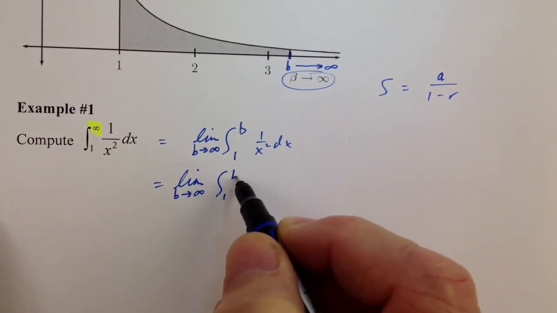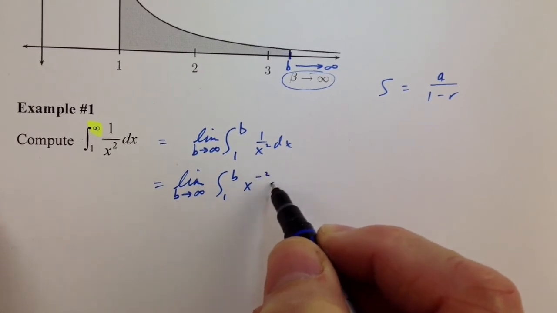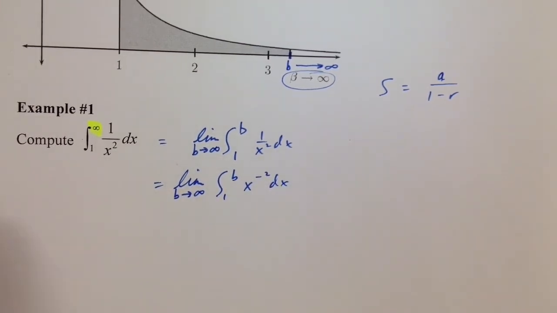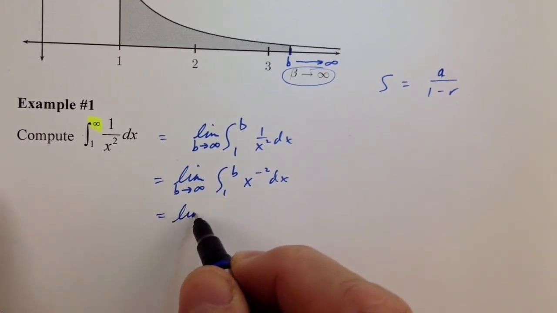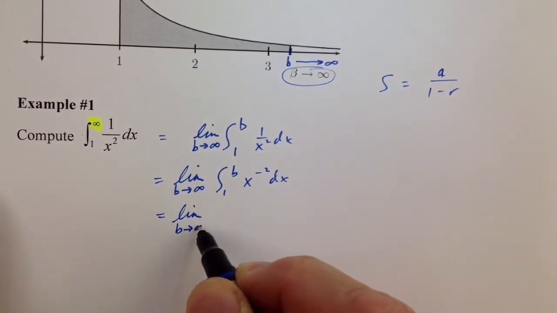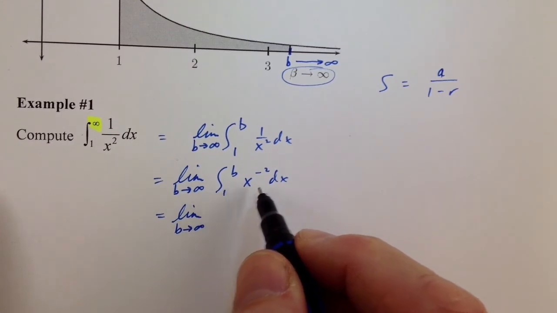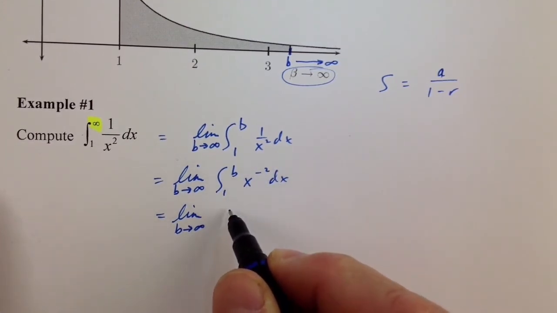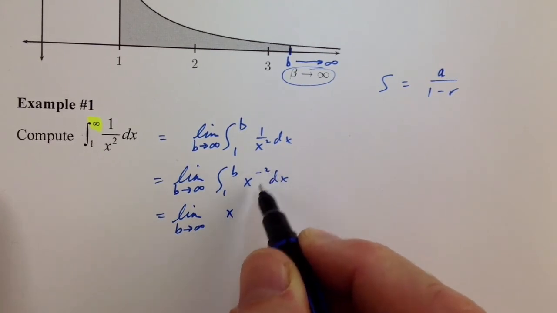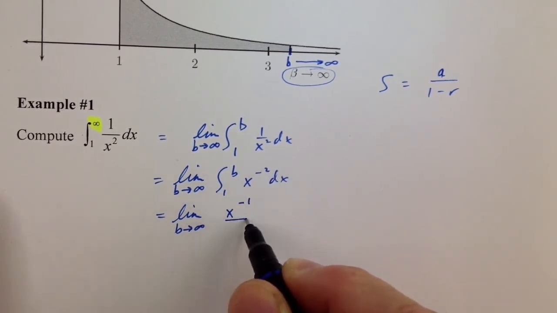I like to write it in terms of x to the negative 2. That makes it easier for me to find the antiderivative. So again, limit as b goes to infinity. The antiderivative of x to the negative 2 would be x to the negative 2 plus 1, or x to the negative 1, over that number, negative 1.